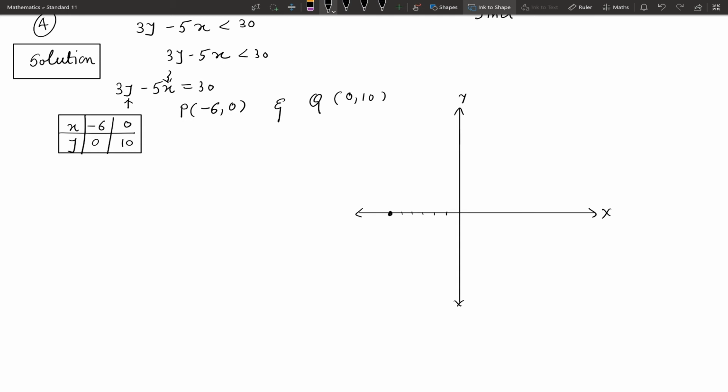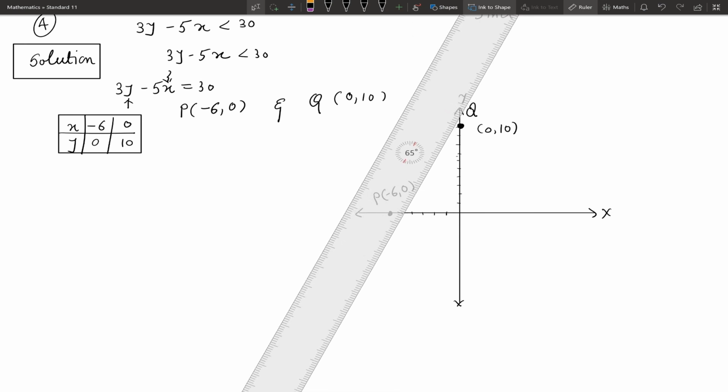So this is the point P(-6, 0). Then 1, 2, 3, 4, 5, 6, 7, 8, 9, 10, and this is random. This is the point Q(0, 10). So now the inequality is a strict inequality, so we have to plot a dotted line.